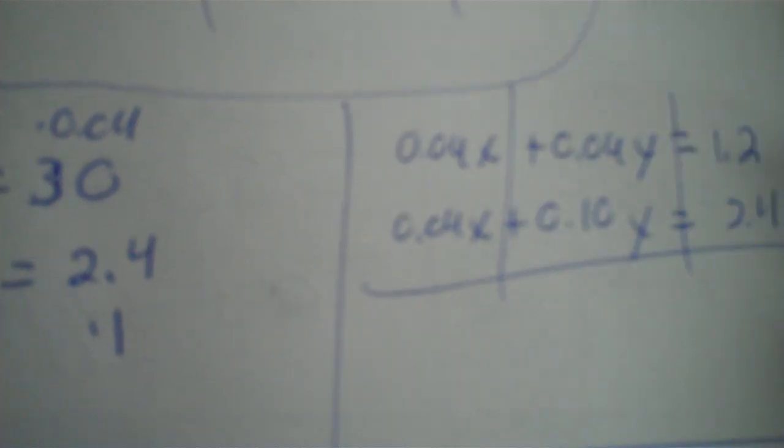And 0.04 times 30 is 1.2. Now bottom, 0.04x plus 0.10y equals 2.4. So you're adding, this would be negative, negative, negative. So we add those, that's 0x. We add those, it's negative 0.06y. Then we add these, 1.2 plus negative 2.4 is negative 1.2.